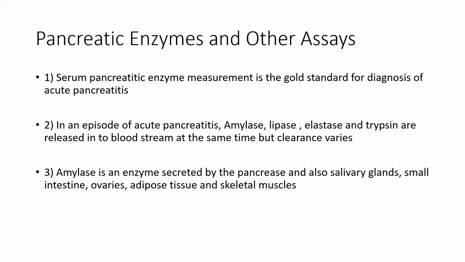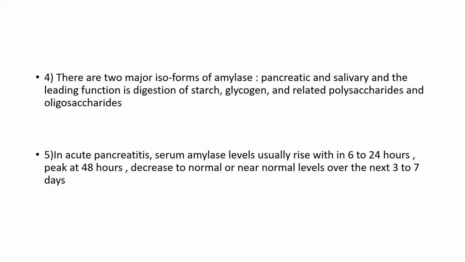Now, the pancreatic enzymes and other assays. Serum pancreatic enzyme measurement is the gold standard for diagnosis of acute pancreatitis. In an episode of acute pancreatitis, amylase, lipase, elastase, and trypsin are released into the bloodstream at the same time, but clearance varies. Amylase is an enzyme secreted by the pancreas and also by the salivary glands, small intestine, ovaries, adipose tissue, and skeletal muscles.